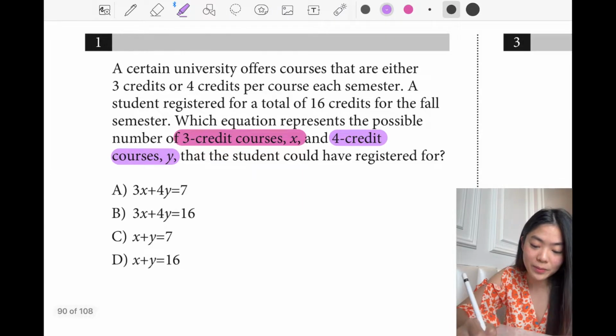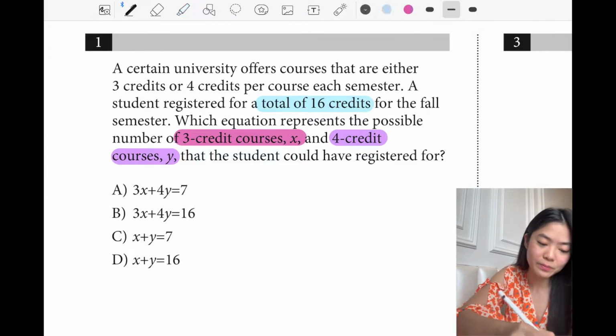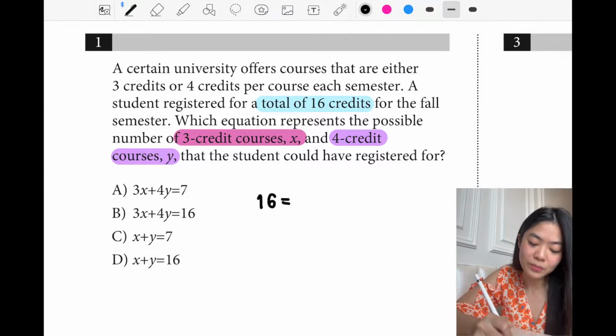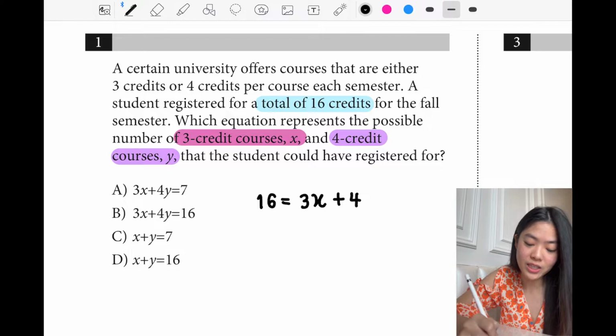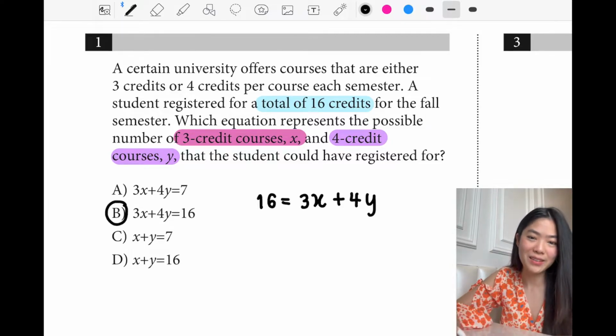So from here, what is given? It's given the total number of credits, which is 16. So we can construct the equation of the total credit. We can do 3 credit courses times the number of courses and then add up with 4 credit times y. Okay, so from here the answer would be B.